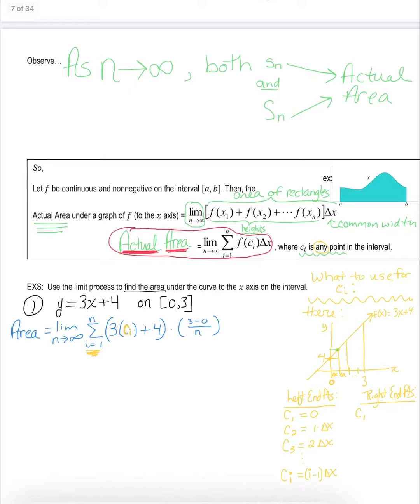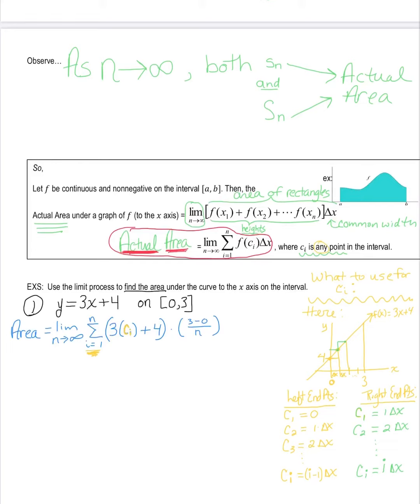Now to use the right endpoint, I start in 1 delta x. That's where I start my first right endpoint. Then the second height would be right here, so now I would have to go in 2 delta x, 2 widths, and so on. So now I like the look of this better. For any c sub I, go in I delta x. That looks a little better.